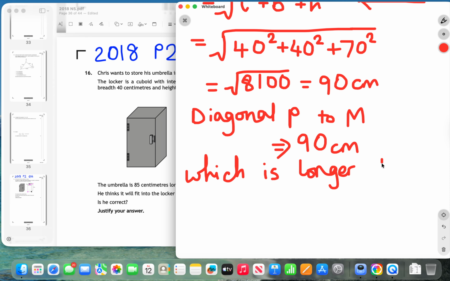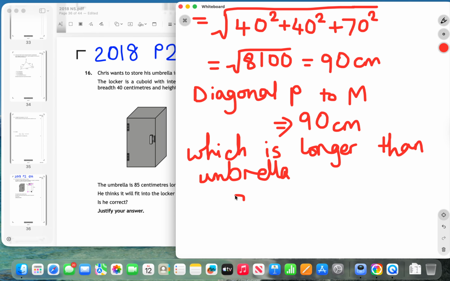Watch the amount of detail I'm giving. And we can say that 85 centimetres, because 90 centimetres is greater than 85.